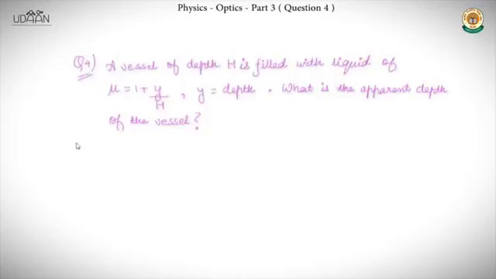Now see, in this question, the refractive index of the liquid is varying, but the properties of light do not change. So we could apply the basic properties into this and get our answer. Basically, we consider an infinitesimally small part of the vessel.